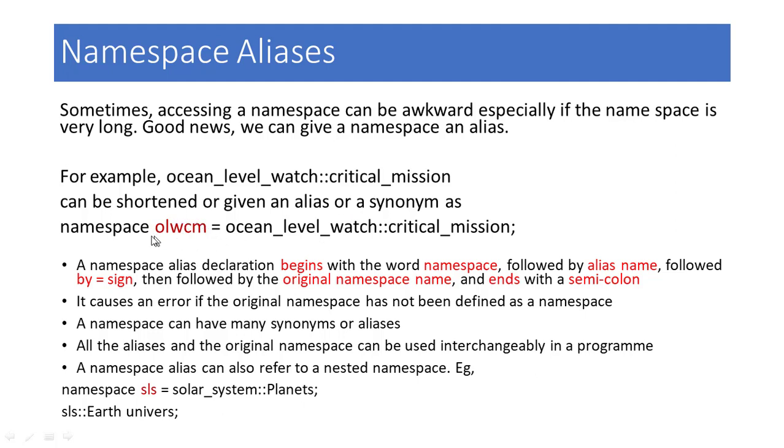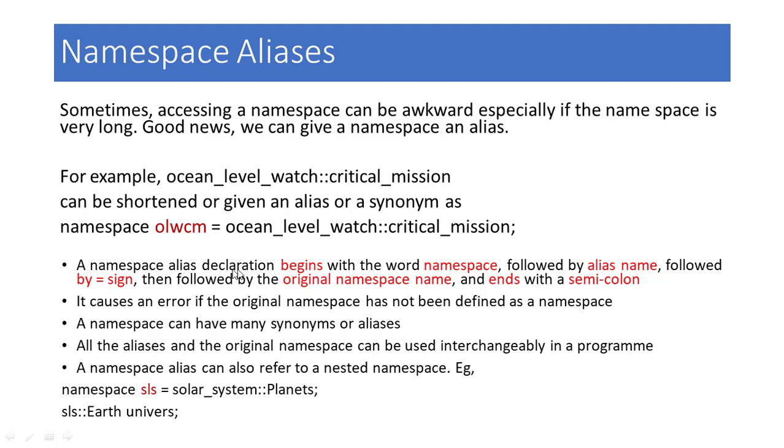So this is how you give an alias. And when you are giving an alias, you still need to use the keyword namespace. So it means this is a namespace, and this is the name of the namespace, and it is equal to this long namespace. We don't have to be typing this one anymore. We will just use this alias.